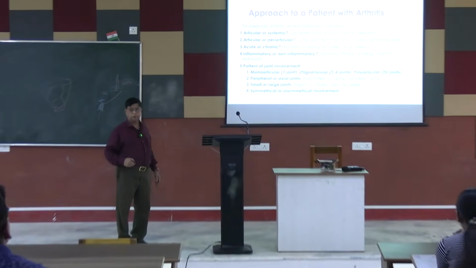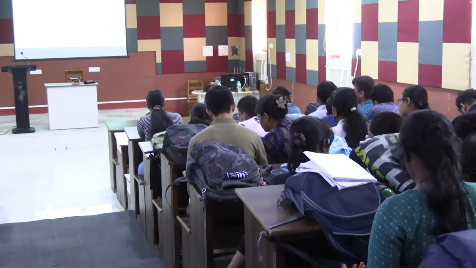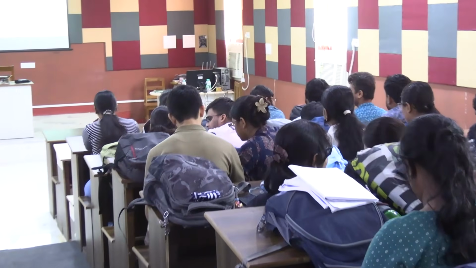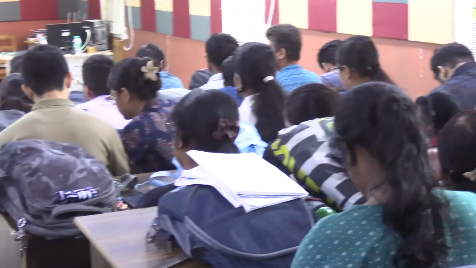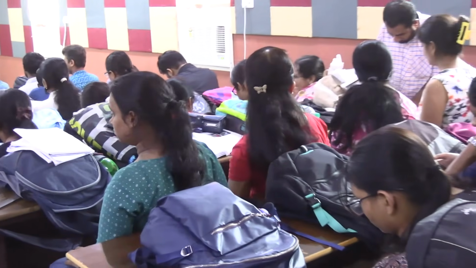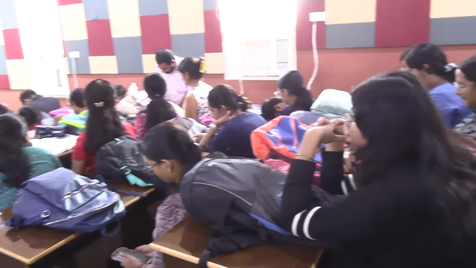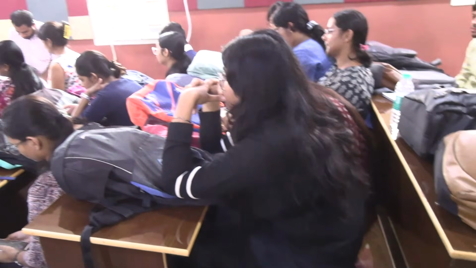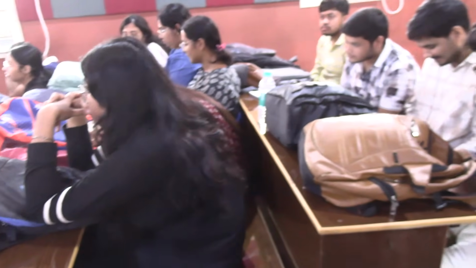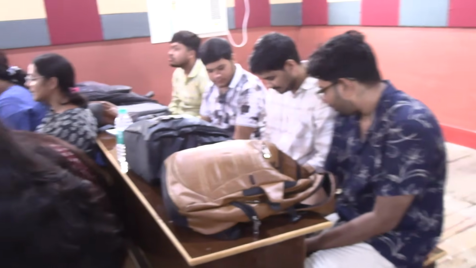But in case of joint pain and joint diseases, morning stiffness is a very important sign of inflammation. Morning stiffness is when the patient cannot move his joints properly, cannot walk properly in the morning hours. After half an hour or 1 hour, he can move, he can clench his fist, but in the morning after waking up, he cannot clench his fist.